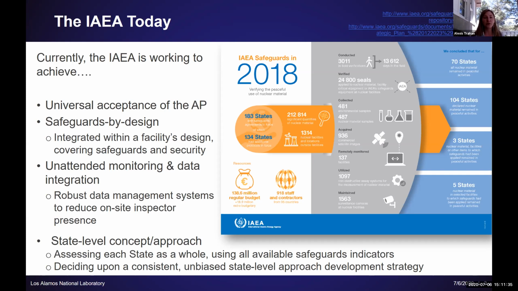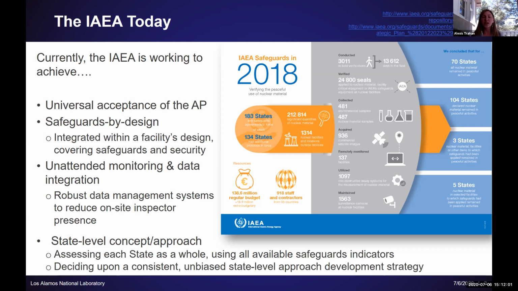In addition to their standard inspection responsibilities, the IAEA today is currently working to achieve universal acceptance of the additional protocol. The additional protocol is an additional set of agreements that a state would make with the IAEA in addition to the comprehensive safeguards agreement that they would have made with the agency after they signed the non-proliferation treaty.